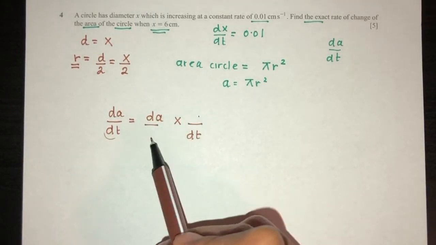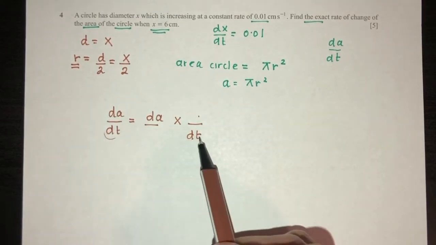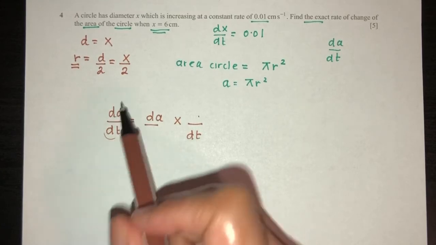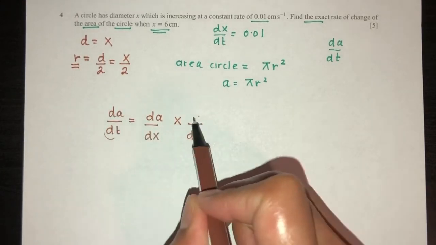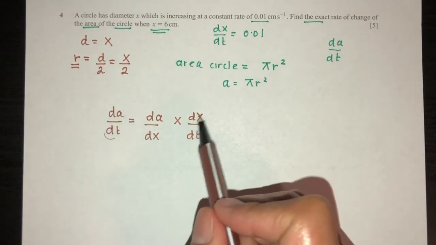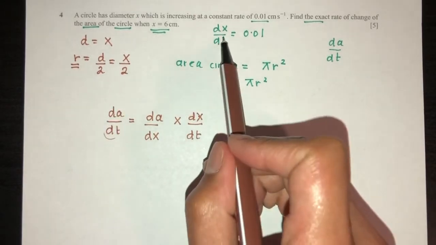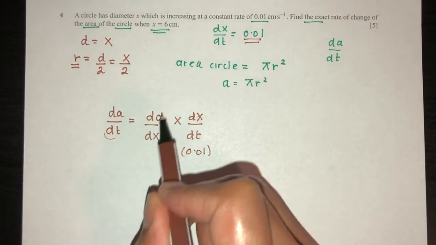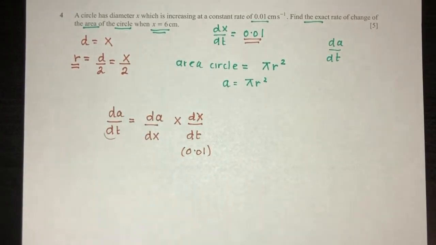Now what connects these two? As you can see, dA is connected to dt by dx. So dx and dx. So this is how we can find this one. So this is given to us already as 0.01.